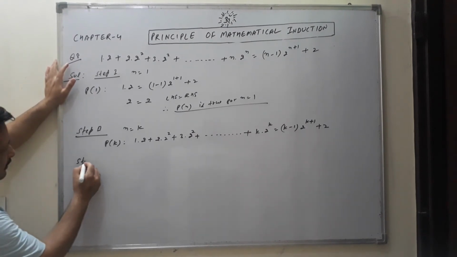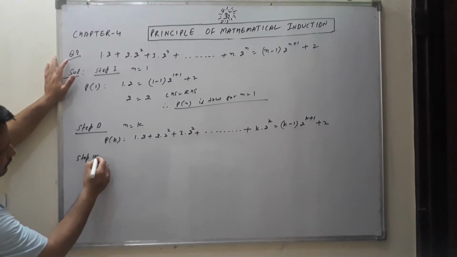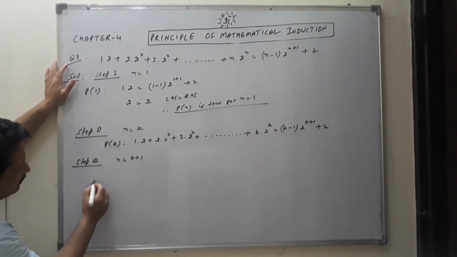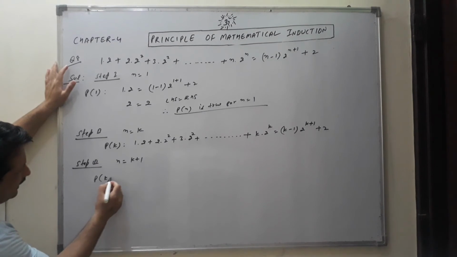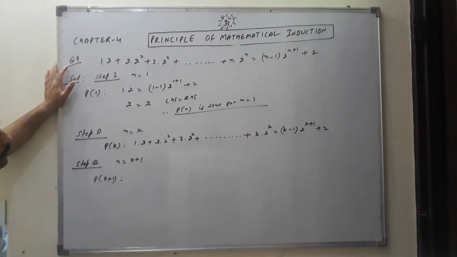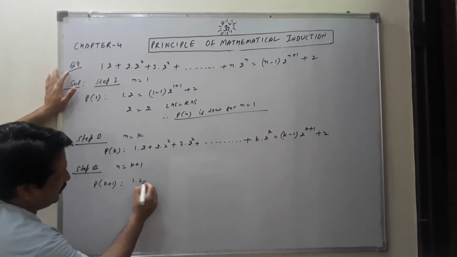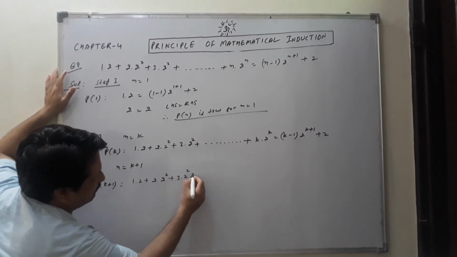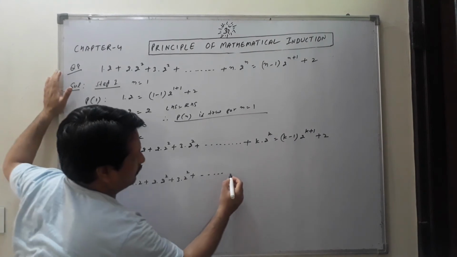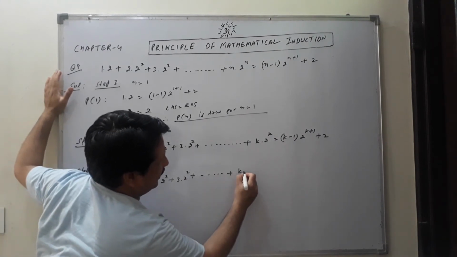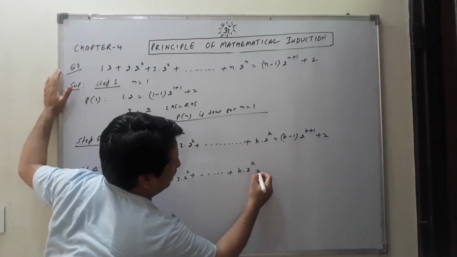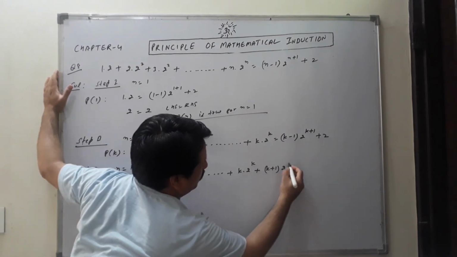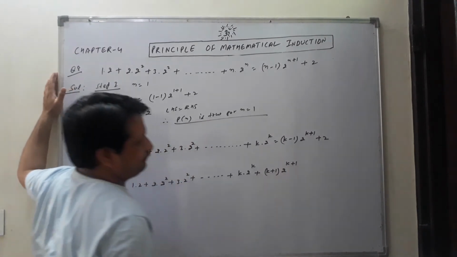Let us come with step number 3. n is equal to k plus 1. So P of k plus 1 will come as 1 into 2 plus 2 into 2 to the power 2 plus 3 into 2 to the power 2, and so on, plus k into 2 to the power k, plus (k plus 1) into 2 to the power (k plus 1).